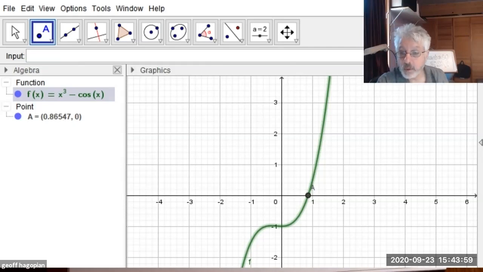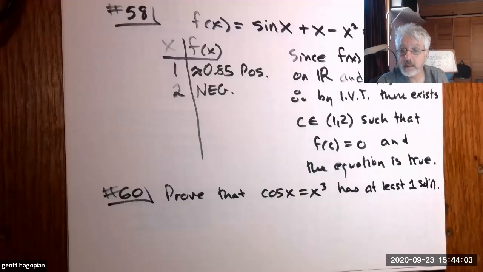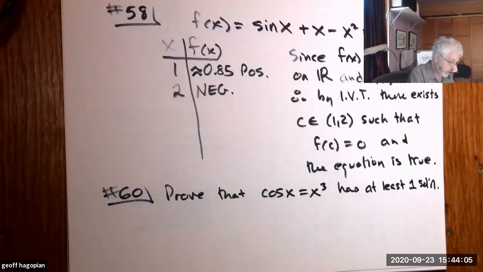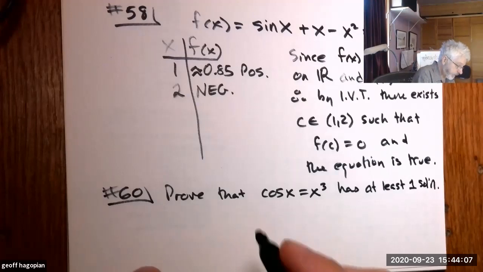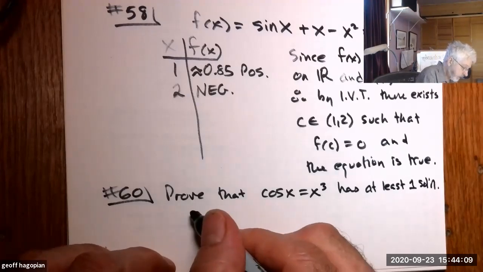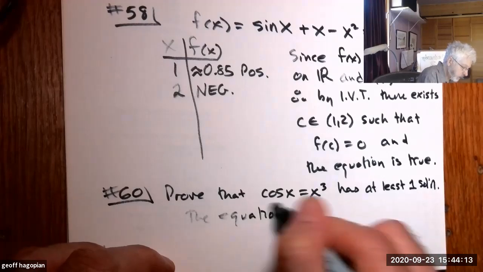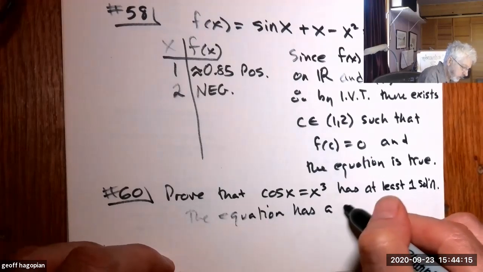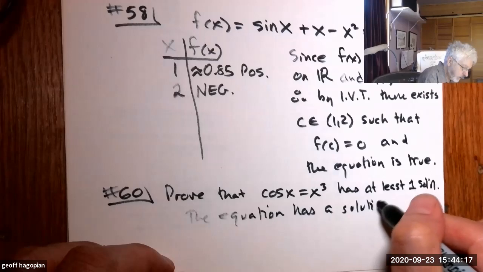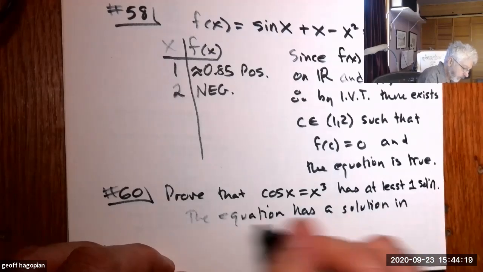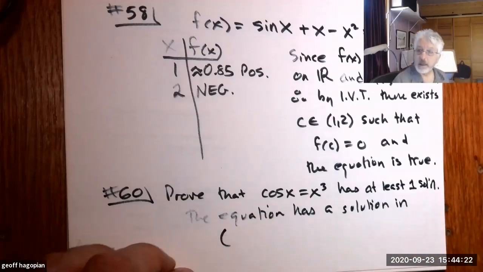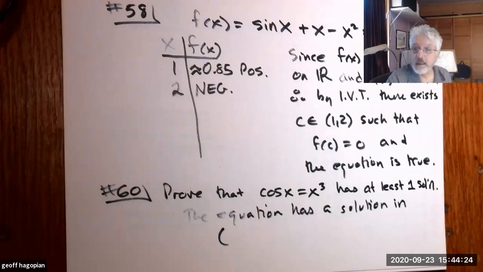I guess I'll just go over to my sheet and finish the problem then, because we now have the information we need, right? Which is that the equation has a solution in the interval from, and I just have to get my GeoGebra window visible here.